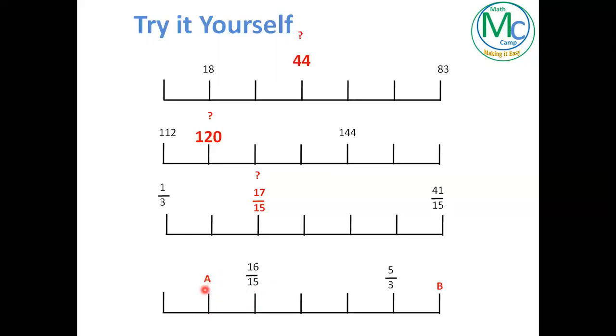To find A, we are moving backward, so we are going to subtract 1 over 5 from 16 over 15, and it will give me the value of A, that is 13 over 15. And to find out B, I'm going to add 1 over 5 to 5 by 3. So 5 by 3 plus 1 by 5 will give 28 by 15. That is the value of B on this number line.